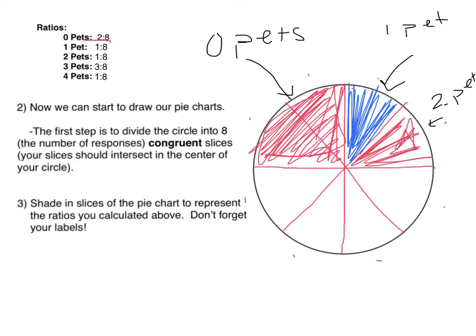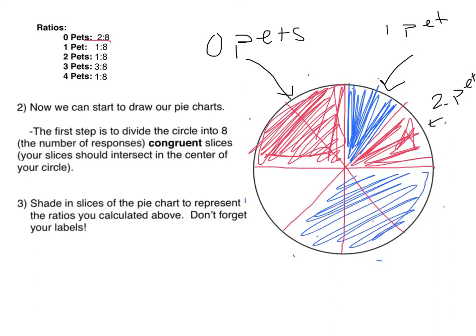Next, we have 3 pets, 3 to 8, so I'll count out 1, 2, 3 slices. These will all get shaded in. When you're making yours, you can make it a lot neater than this. This is just trying to show you how we're going to fill that in and show it.